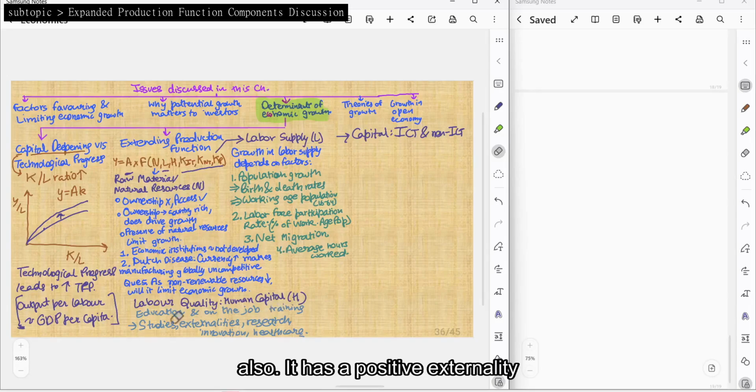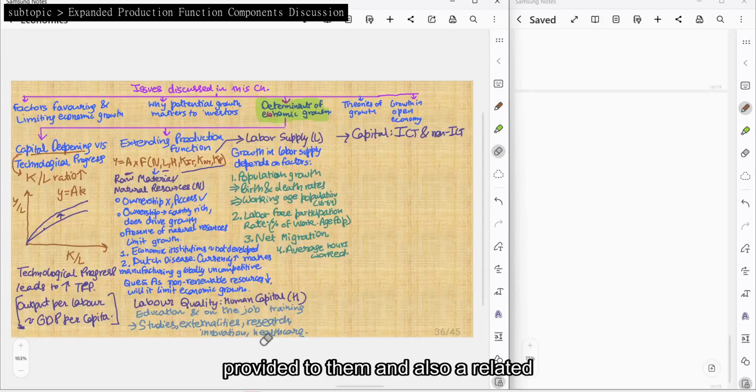Also, it has a positive externality impact as well, as people who are well educated and well trained also improve the performance of others around them in the workforce. Also, when individuals are well educated and well trained, they can engage in innovation and research work. Plus, well educated individuals are better able to make use of the capital stock which is provided to them.